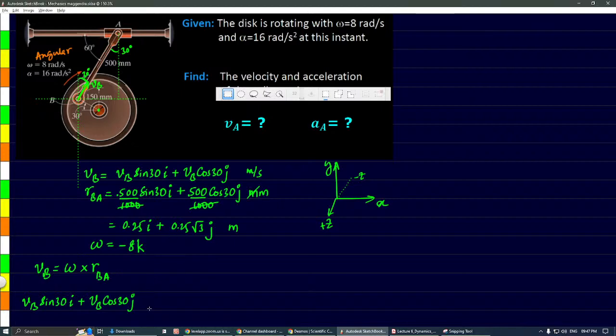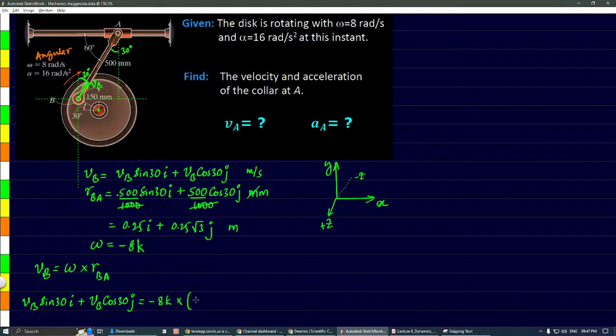This is equal to minus 8k cross the vector BA.